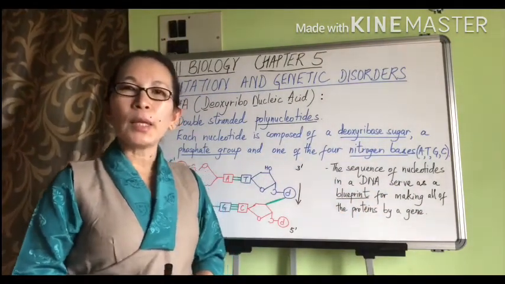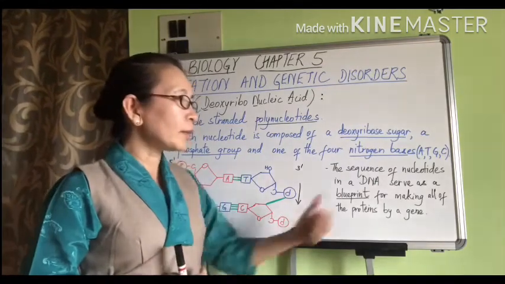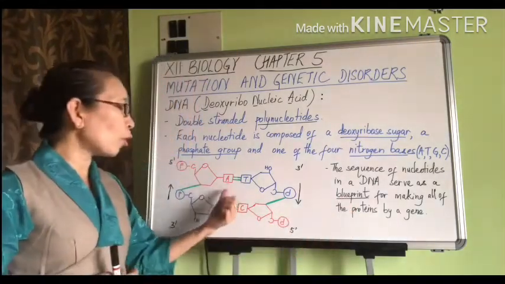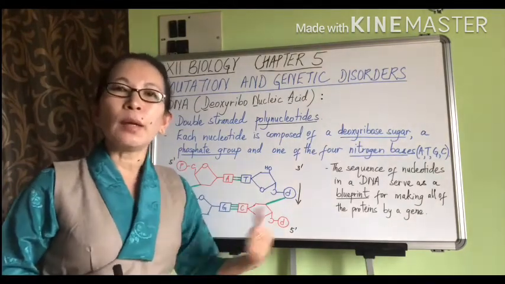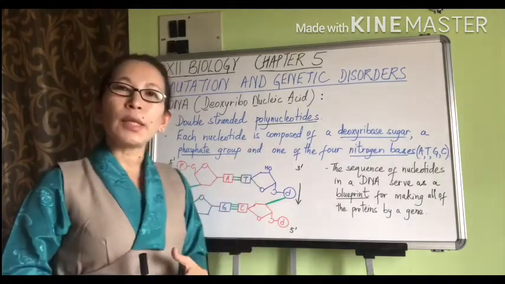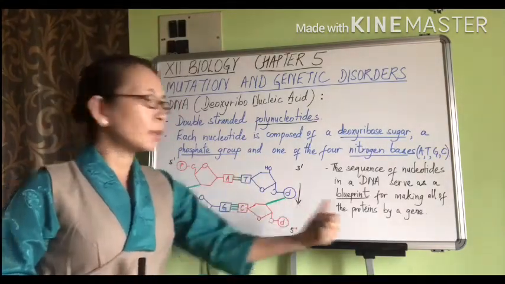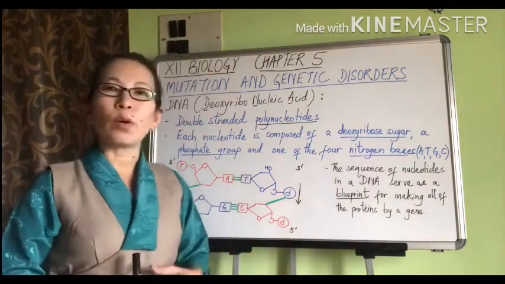The sequence of the amino acids in a protein is dictated by the sequence of base pairs in the gene or DNA. And hence, we say that DNA is the genetic material responsible for making all of the proteins of our body.